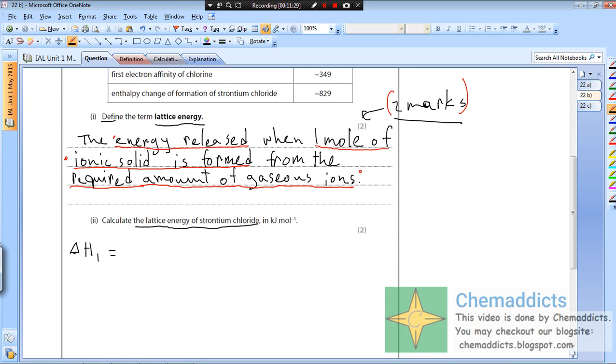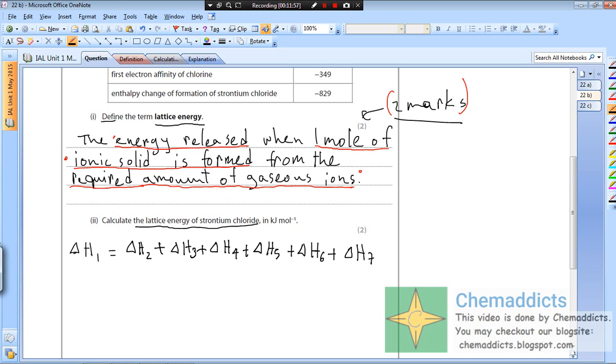So since del H1 is formation enthalpy, we will keep this as it is. Here we will have del H2 plus del H3 plus del H4, 5, 6, then 7, just like that.